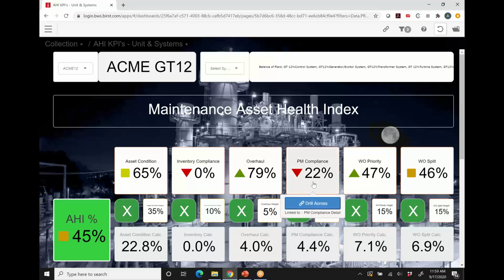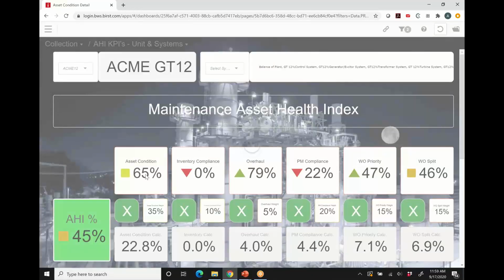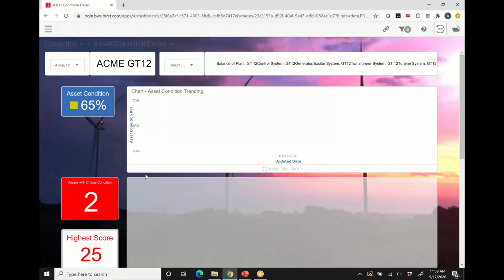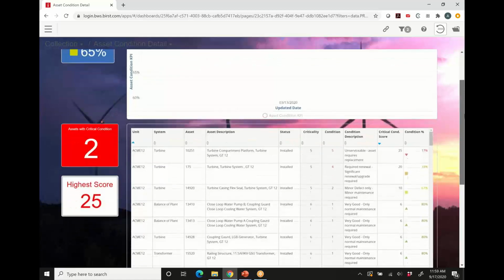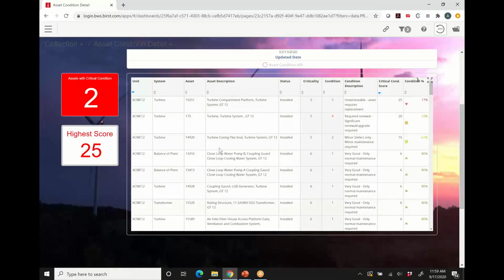Looking at my PM compliance, again, not doing well here. My work order priority, my work order split, right? So let's look into, for example, my asset condition. And here's really where the magic happens, right? I'm looking at the detail at my unit, at the individual asset, and I'm looking at which ones are the most critical and in the worst condition possible.